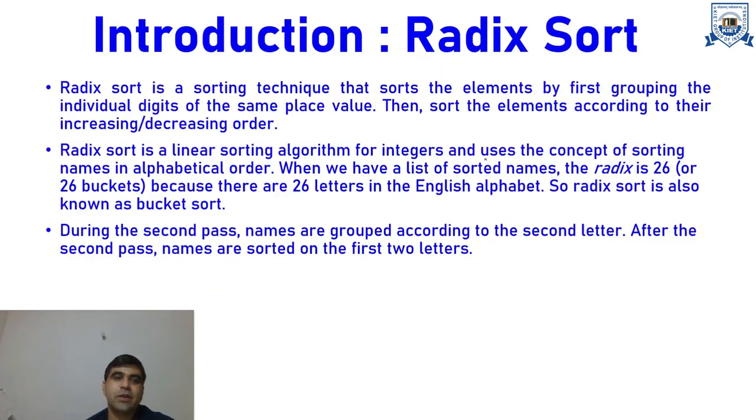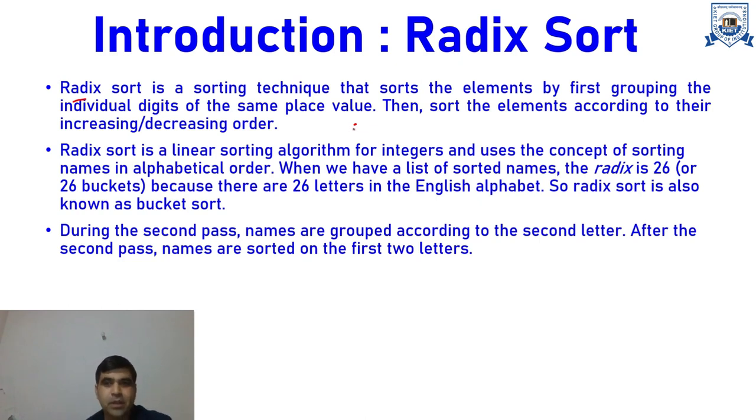So see, Radix sort is a sorting technique which sorts the elements by grouping the individual digits of the same place value. Unlike other sorting techniques, we do not compare values with each other.